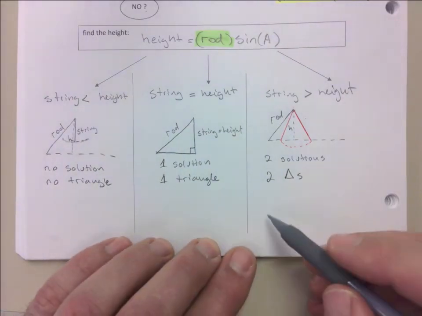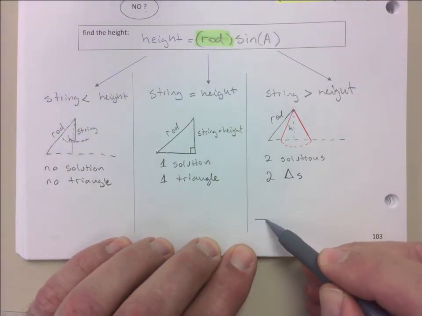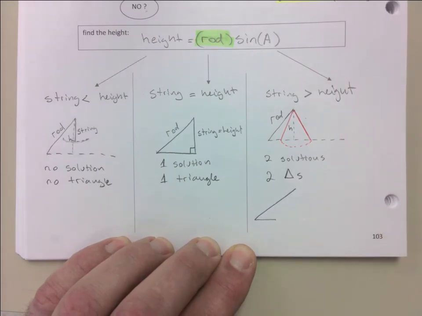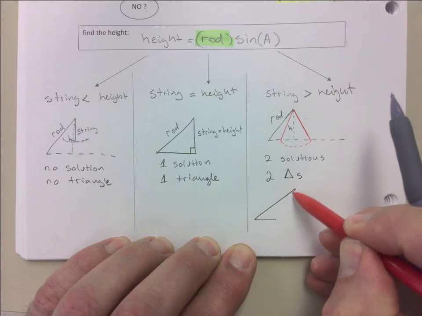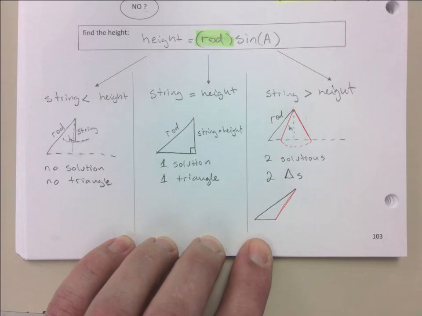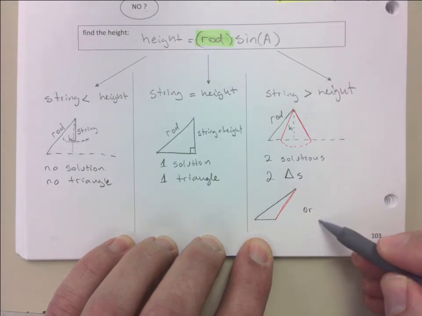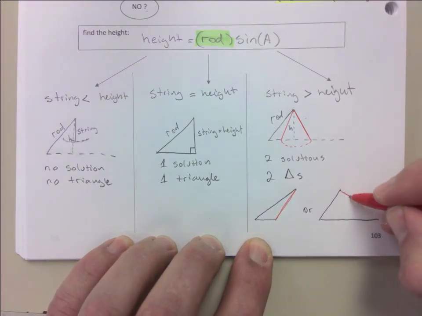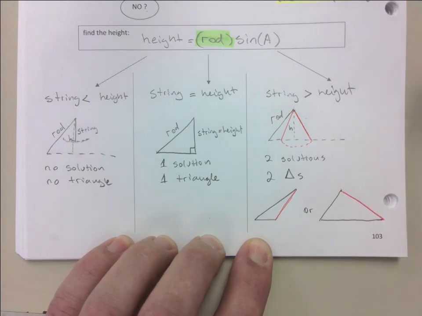And these are the two. You've got the scenario where the string swings in like that, or you've got the one where the string swings out like that.